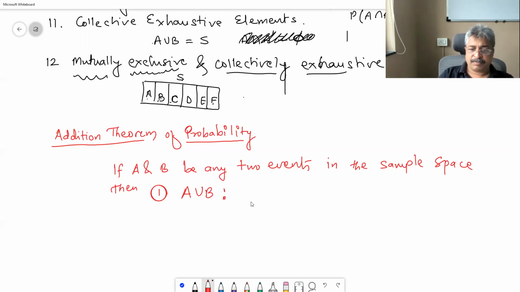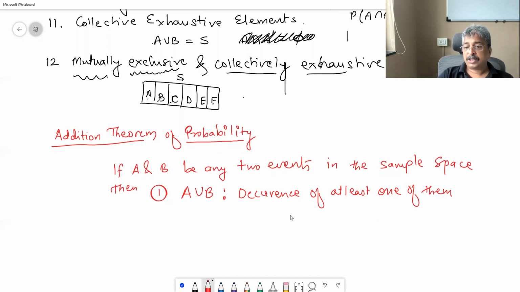Occurrence of at least one of them. Now this is important because this will decide whether our calculations are correct or wrong.